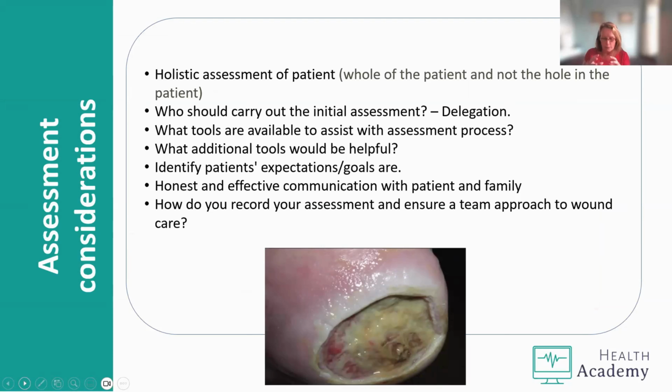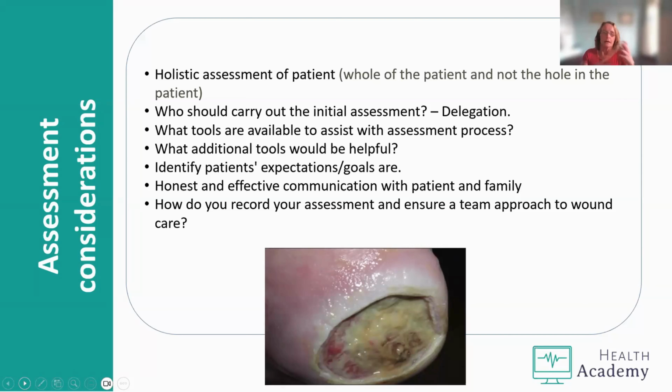If we focus only on the hole that is in the patient, we miss all of those supporting pieces of evidence that may help us to create that wider picture of why this wound is not healing. So we have to look at the whole of the patient and not the hole in the patient. So thinking about all those elements that might influence why this wound is deteriorating or why it's not moving forward.